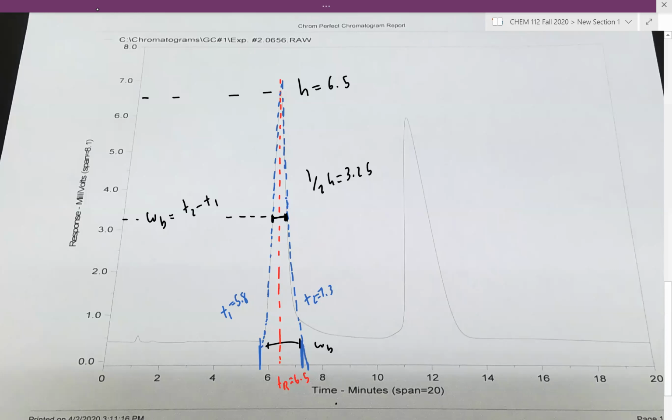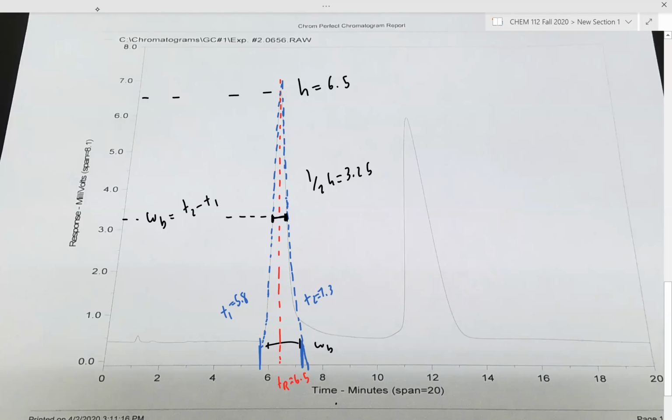Our normal peak width, we'd calculate to be 7.3 minus 5.8, which gives us 1.5 minutes.